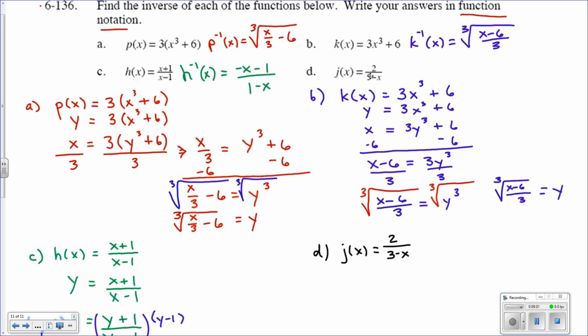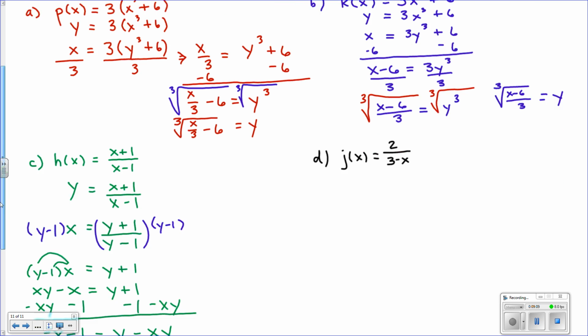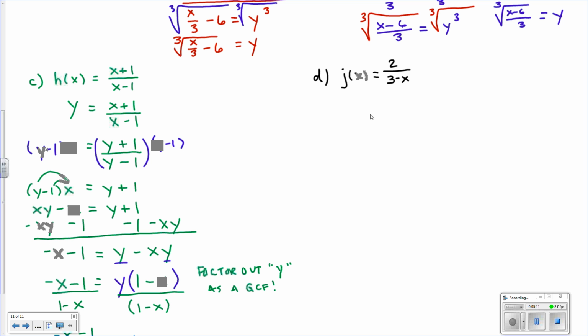And last but certainly not least, let's look at function j. Move it down so we have a little bit more room here. Again, y equals 2 over 3 minus x. Let's flip-flop x and y, so x equals 2 over 3 minus y.